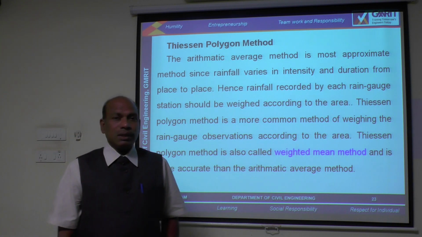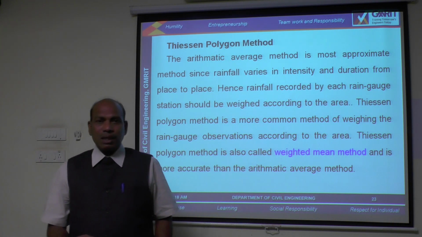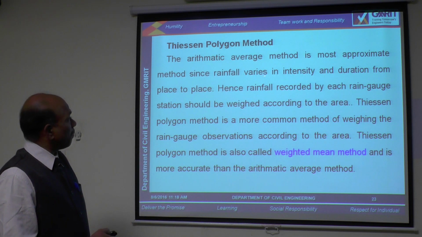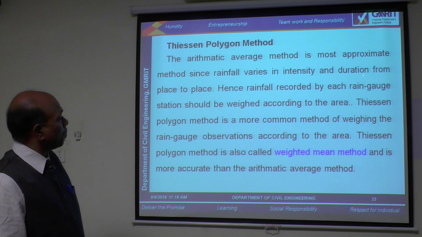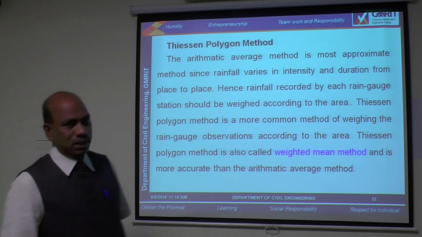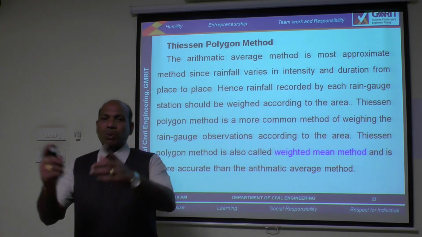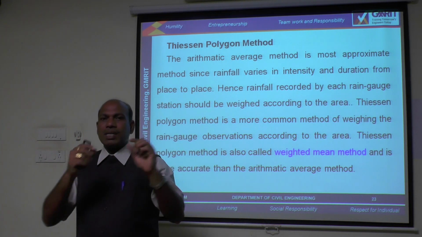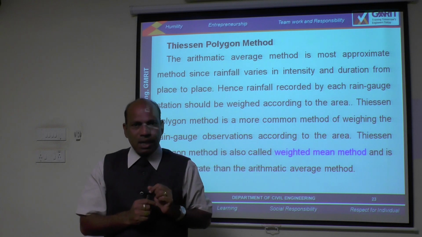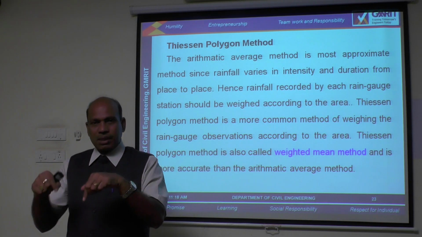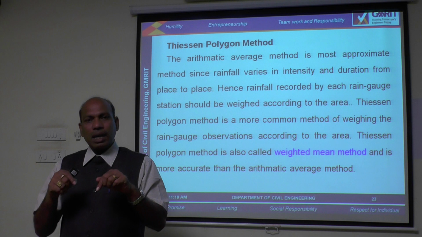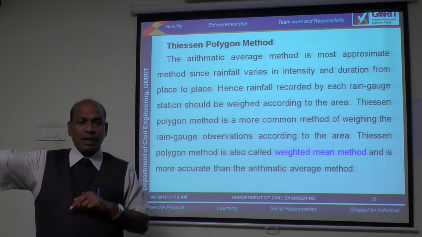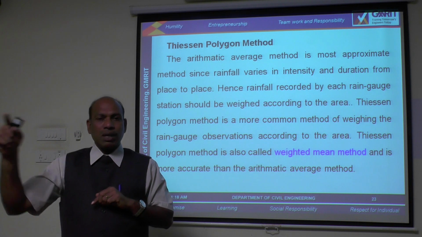Thiessen polygon method. The arithmetic mean method is an approximate method, since rainfall varies in intensity and duration from place to place. For example, this is one catchment area, Rajam, Srikakulam. This entire area is one basin or one catchment area. The rainfall at Rajam is 1 mm per hour, whereas in Srikakulam the intensity of rainfall is 10 mm per hour.